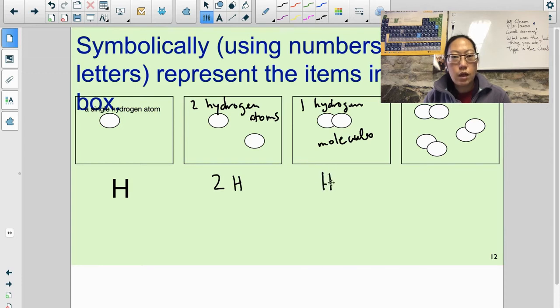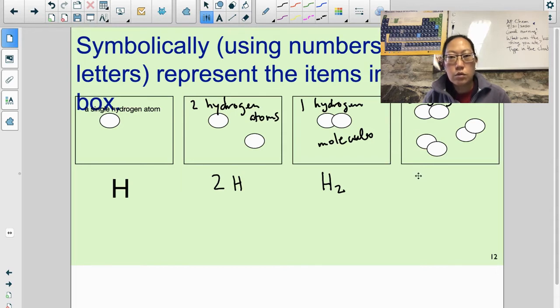So this is H2. When we have subscripts after the element symbols, first of all, they show that we have two hydrogens, but they are connected, they are bonded. Here we have three hydrogen molecules.